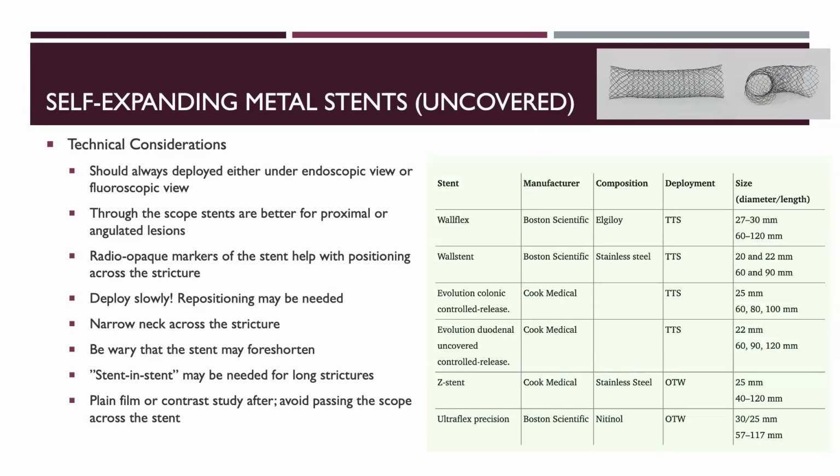You have to be able to get there with a gastroscope if you're going to use a through the scope stent, because innately we're using what was technically made initially for esophageal stenting in the colon, which is fine because they're the same type of stents, but you need to do it with a gastroscope. There are radio-opaque markers on the stents themselves that tell you how to position.